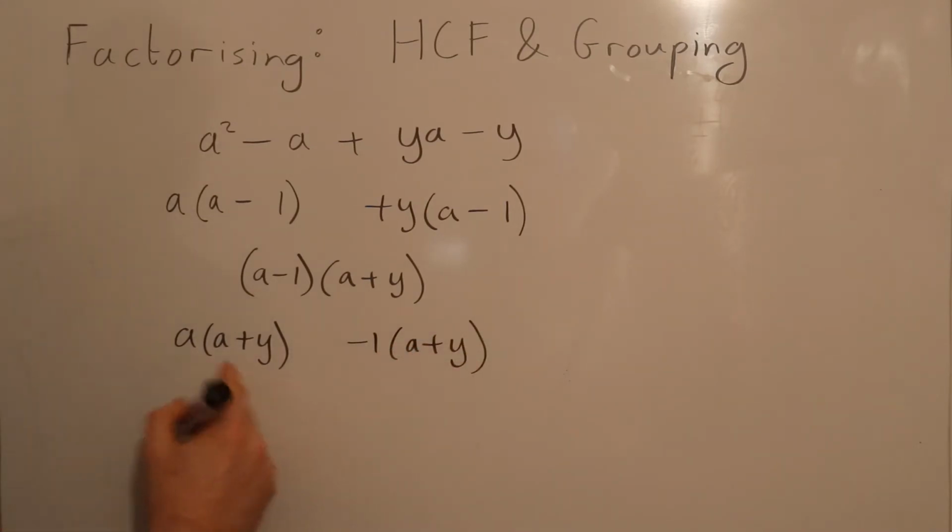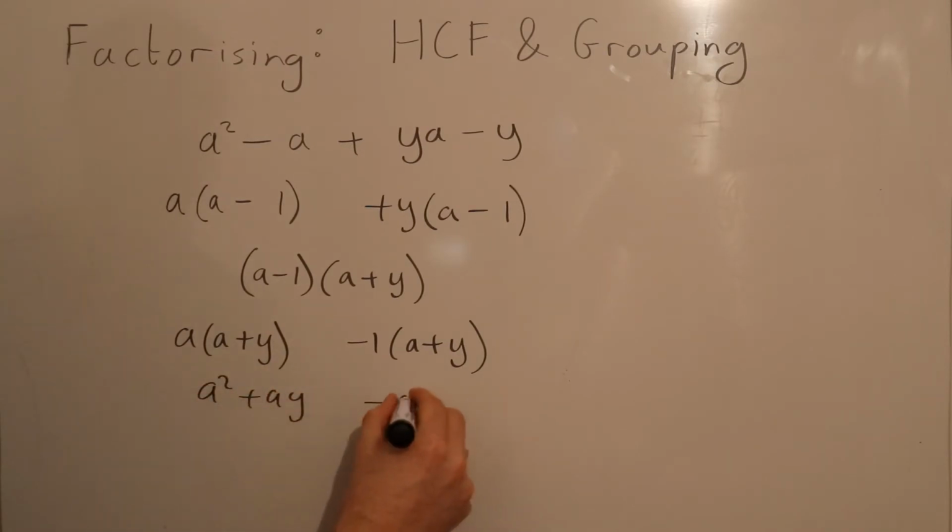and so now just multiply out a by a squared, ay, minus a, minus ay. Now it's the same as what we have above. We made a mistake there. Minus 1 by y is just minus y. So we have the same thing.